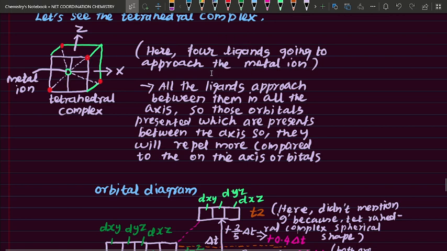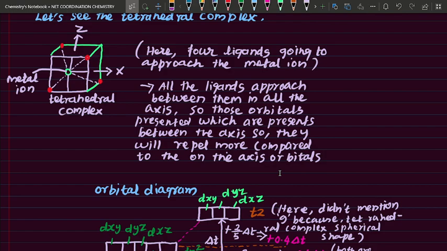Here 4 ligands are going to approach the metal ion. All the ligands approach between the axes. So the orbitals which are present between the axes will repel more compared to the on-axis orbitals.